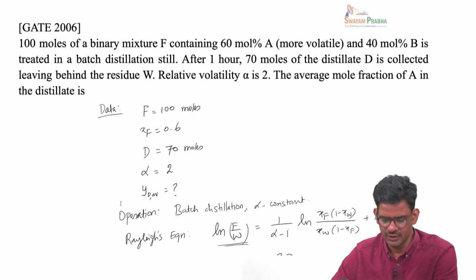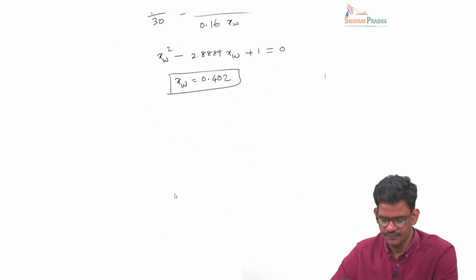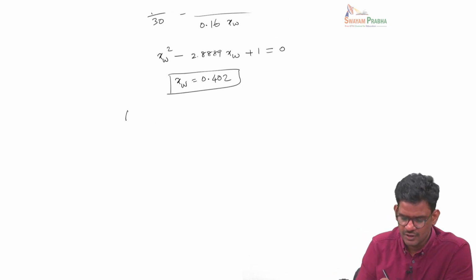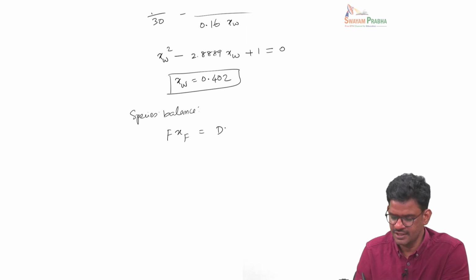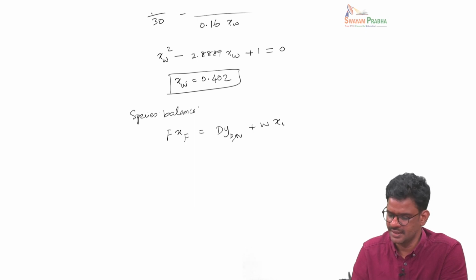The question that we need to ask is YD average. For this, we will do an overall material balance, overall species balance actually. F times XF should be equal to D times YD average plus W times XW.